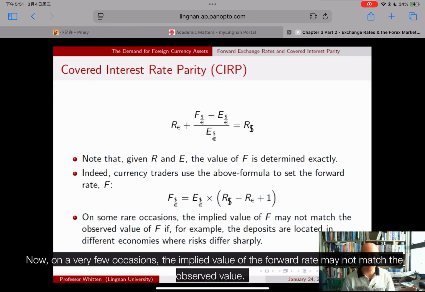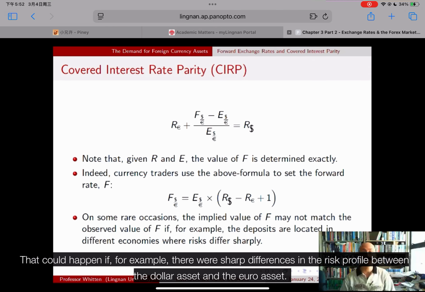Now, on a very few occasions, the implied value of the forward rate may not match the observed value. That could happen if, for example, there were sharp differences in the risk profile between the dollar asset and the euro asset.